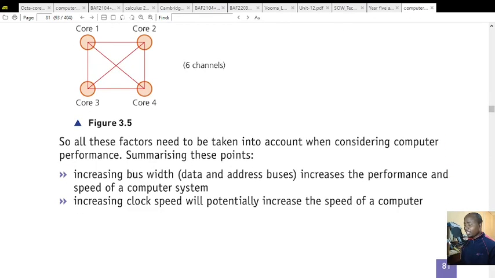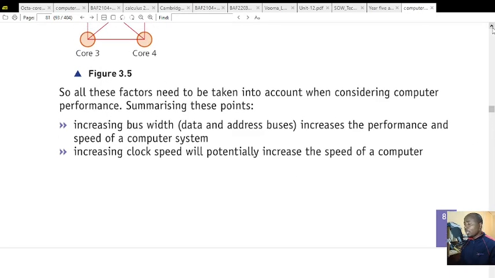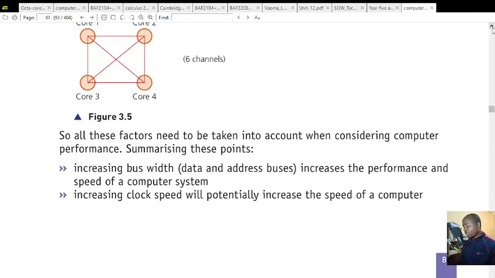That is very important to look at as it is now. So I think having stated that, it is very important to understand that when you are talking about how to improve the performance of the computer, you need to look at a number of factors, not only the clock speed, not only the overclocking, not only the number of cores that are there, but also how efficiently these cores are able to communicate in order to improve the general performance.